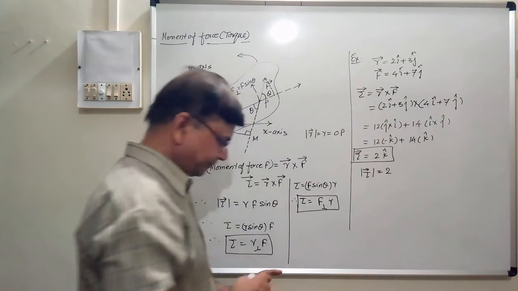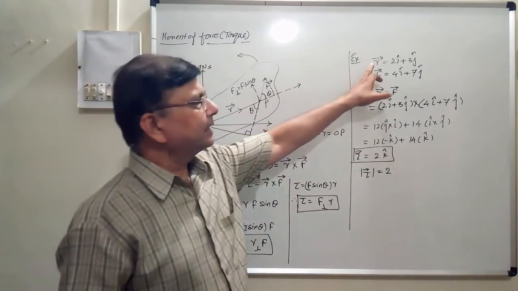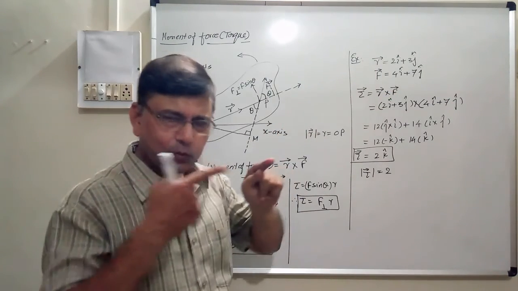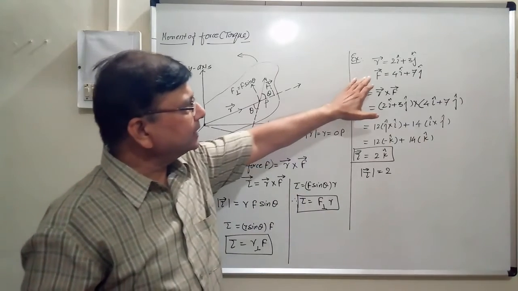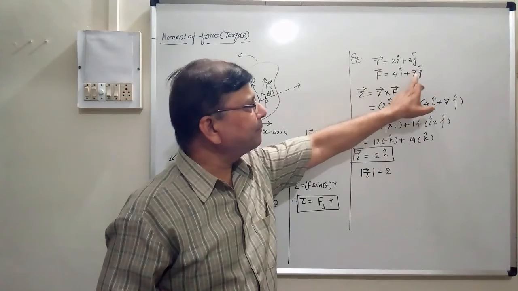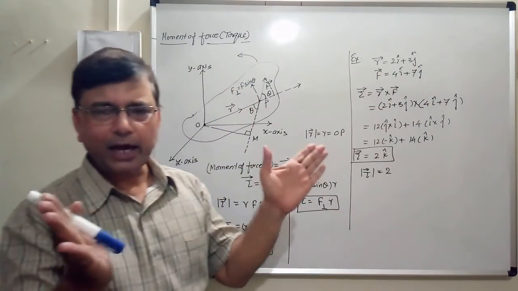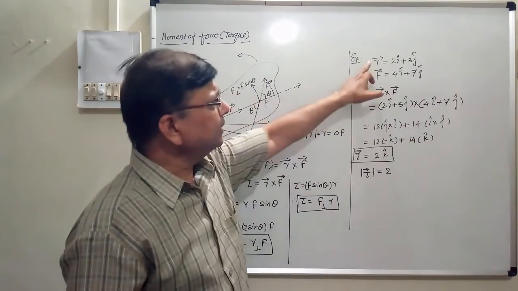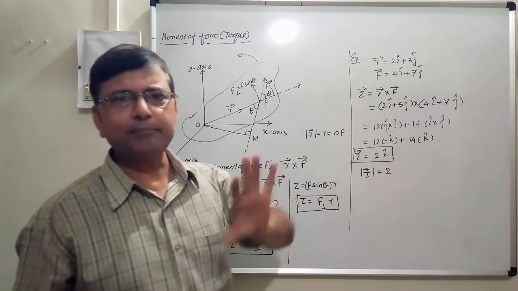What do we notice? Once we have taken the position vector of the point P at which force is applied, and the force applied, in which plane are both? I have taken i, j components, in the x axis and y axis. It means both the vectors are in the xy plane.